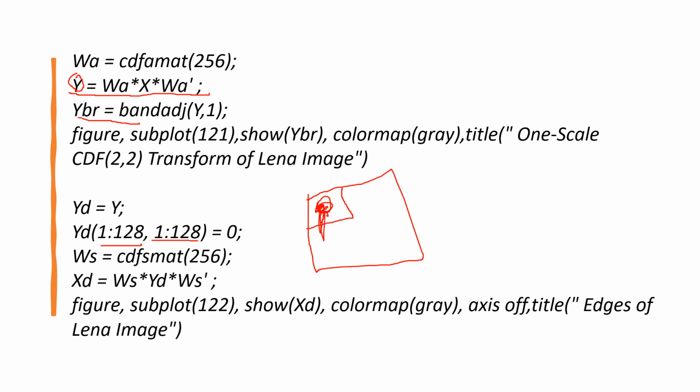So what we are going to do is equate all those entries to 0. By doing this, we will have 3 detail coefficients in the matrix and no trend components. By taking the inverse discrete wavelet transform, we are going to get the edges of Lena. As there is no trend, we are only going to get a summation of details, which is simply the edges.